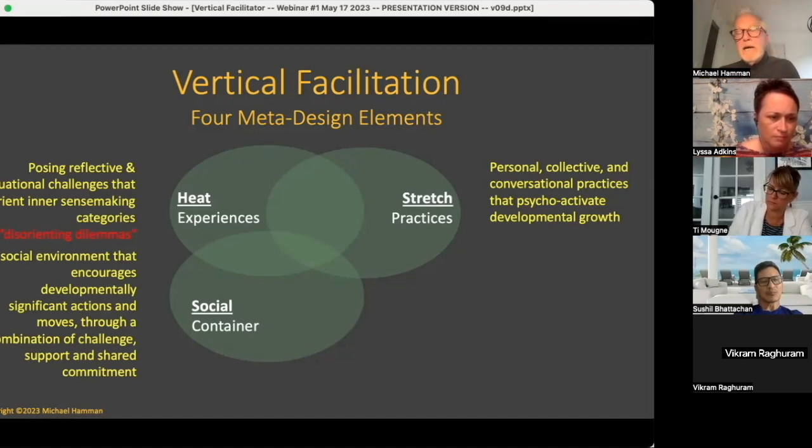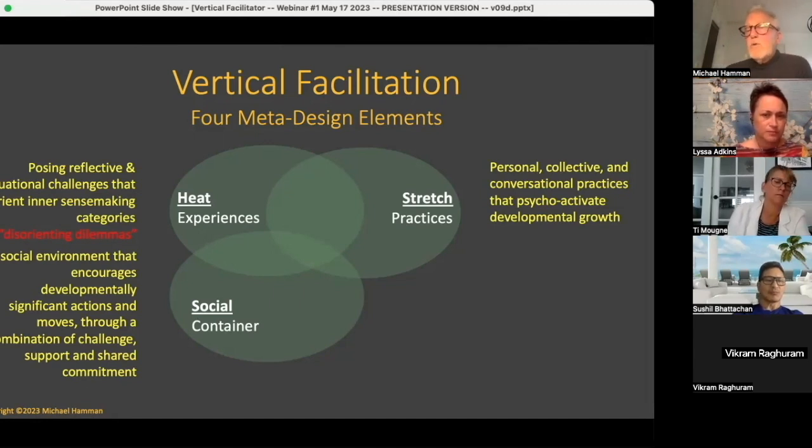It's not to compare vertical facilitation with a prisoner of war camp, but people experience moments of discomfort. When that happens within a social container, it actually makes it possible for people to experience a greater sense of psychological support as they endeavor to engage in psychological challenges. And there are many other things that happen with the social container as well.